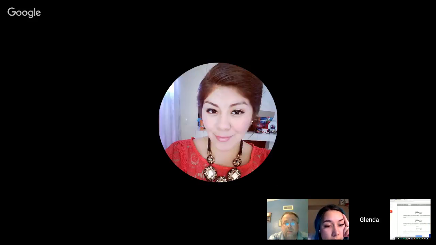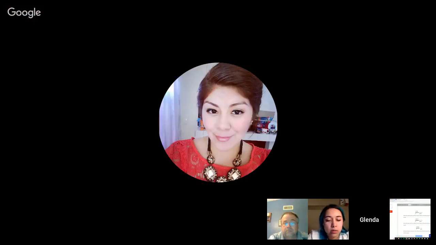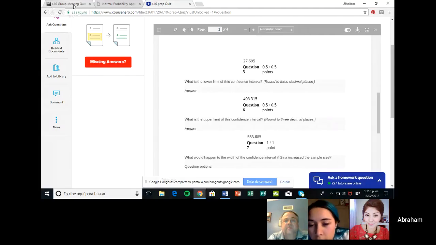And the lower limit of this confidence interval. So how do we do that? Lower limit. Let's see. That's the negative side of it. Well, I'm taking the z-score.